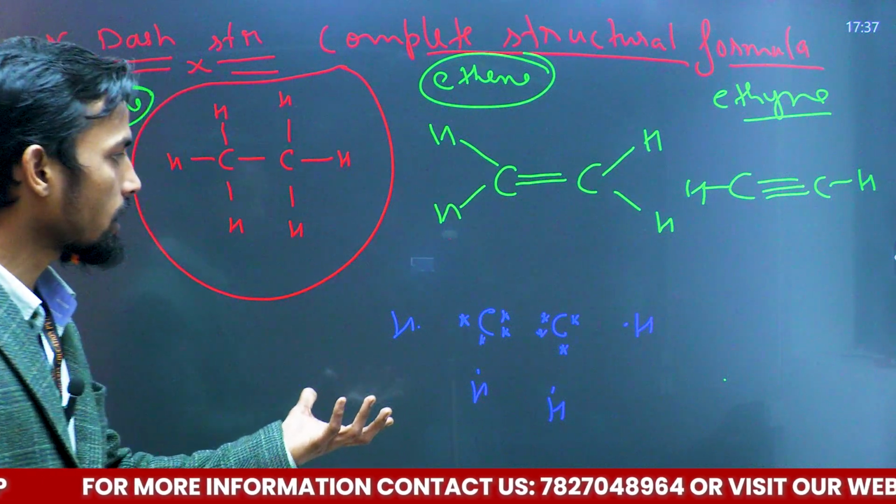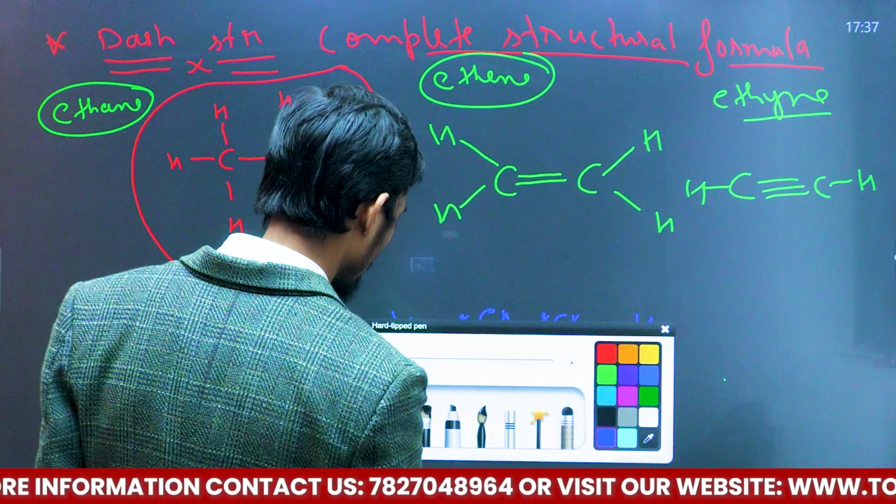So this is the Lewis dot structure of ethene.